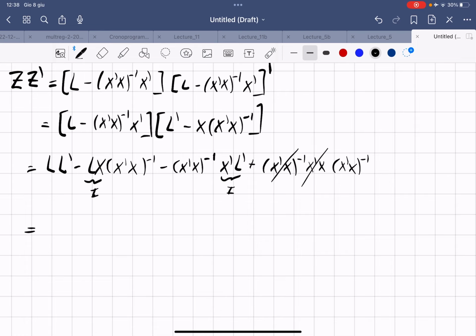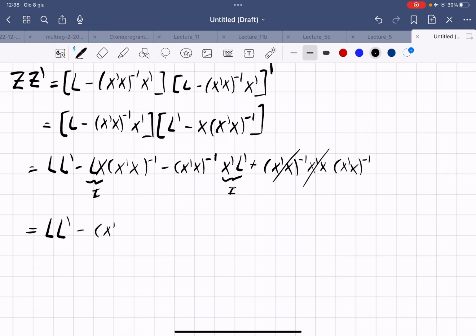Then we are left with L L transpose minus X transpose X inverse minus X transpose X inverse plus X transpose X inverse. So this is equal to L L transpose minus X transpose X inverse.